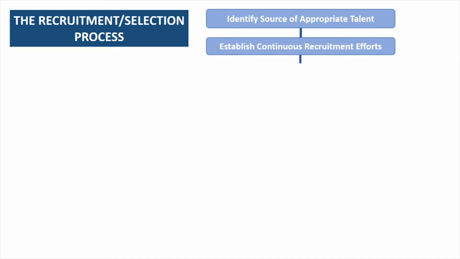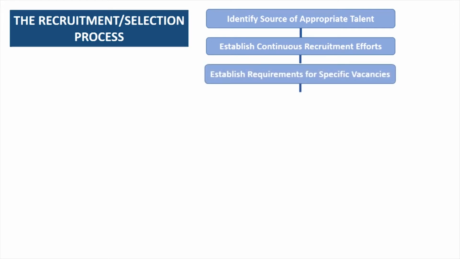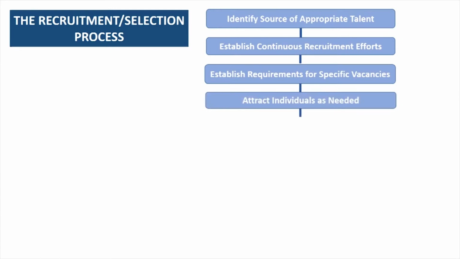The first step in recruitment is to identify the source of appropriate talent. Then, we establish continuous recruitment efforts. And the third step is to establish requirements for specific vacancies. And then, attract individuals as needed.